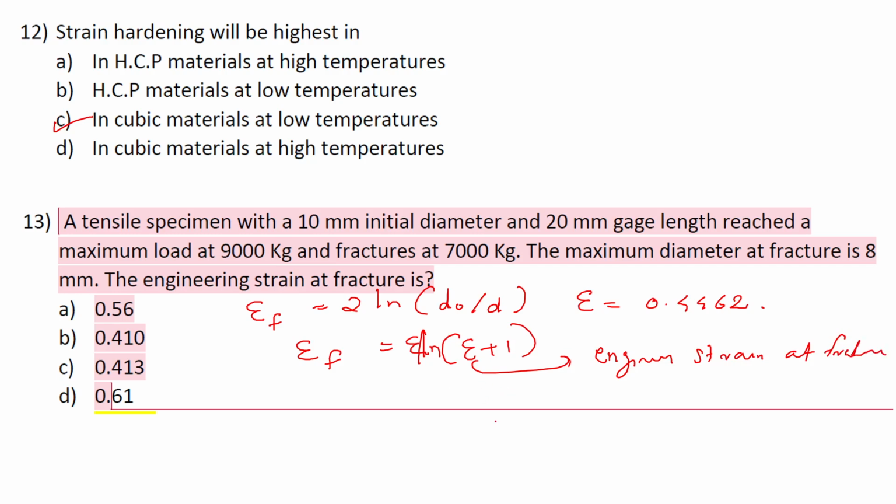So now you have to find the engineering strain at fracture. Take the exponential on both sides, then the log will cancel, then minus 1, and you will get the epsilon value.